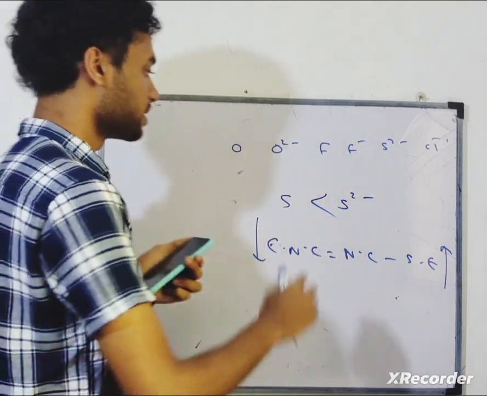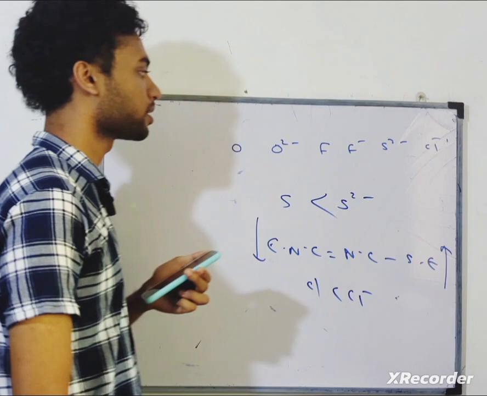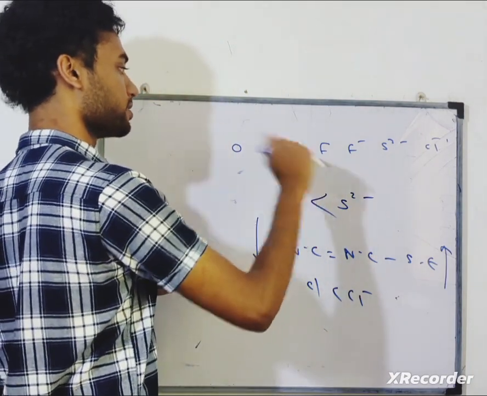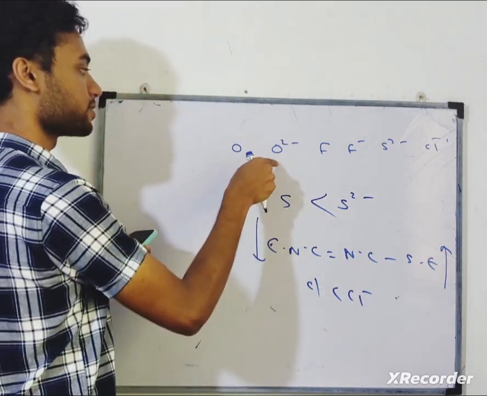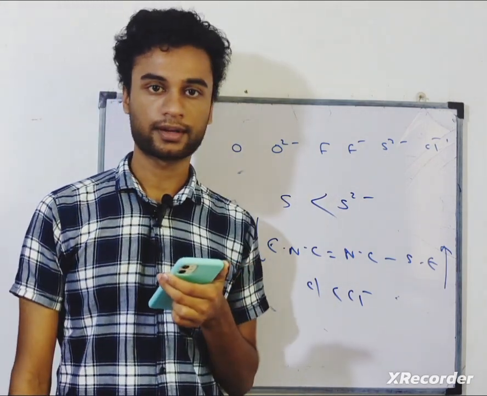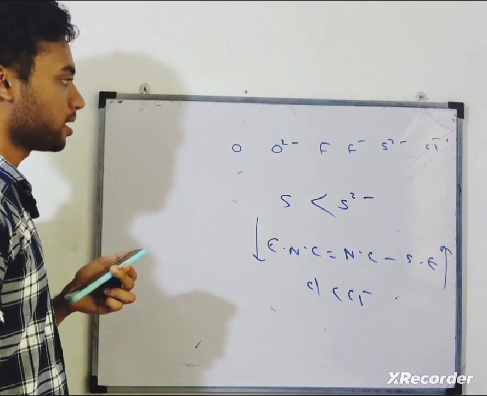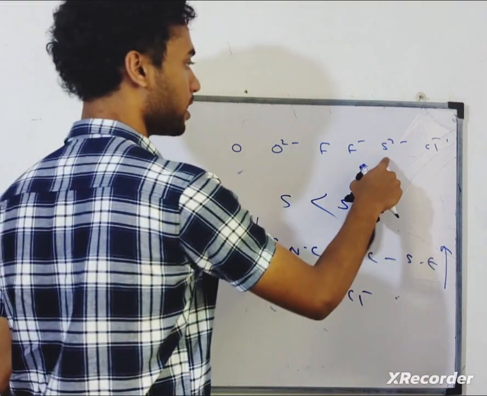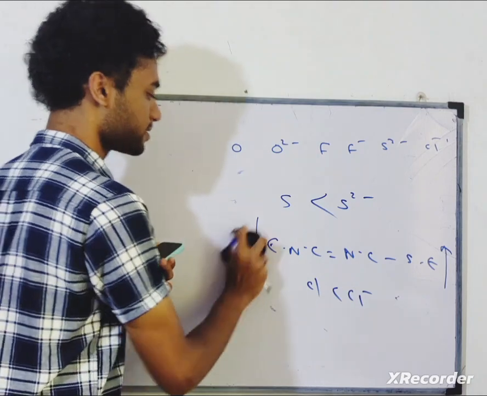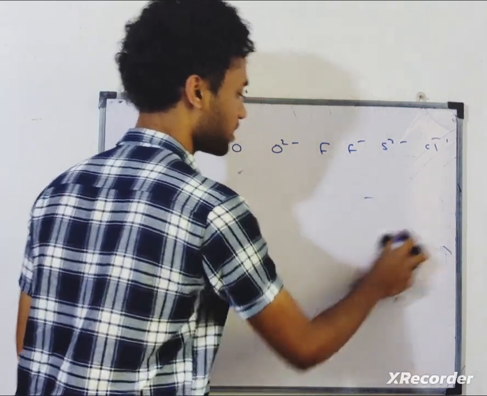Similarly, Cl minus has a higher atomic radius than chlorine, F minus has a higher atomic radius than fluorine, and O2 minus has a higher atomic radius than oxygen. Okay, so listen. Now, sulfide ion and Cl minus ion. Obviously, the sulfide ion has a higher atomic radius than Cl minus.